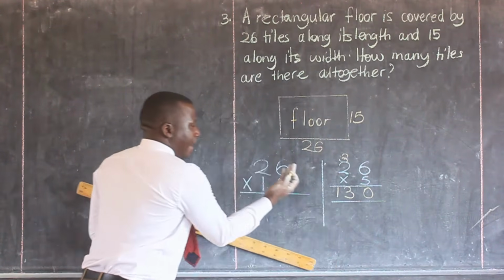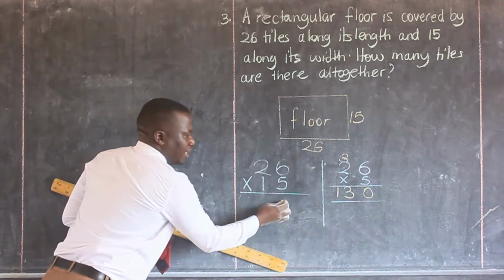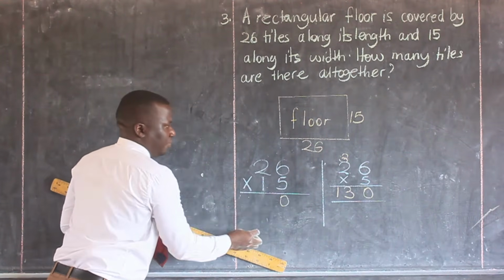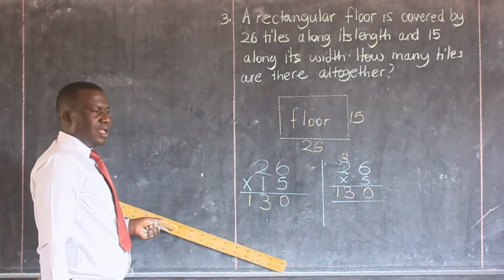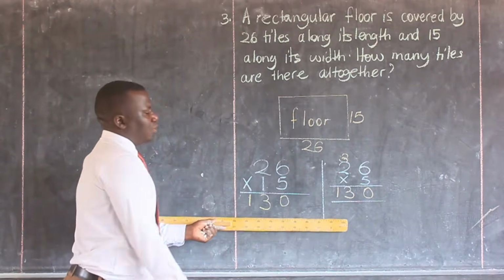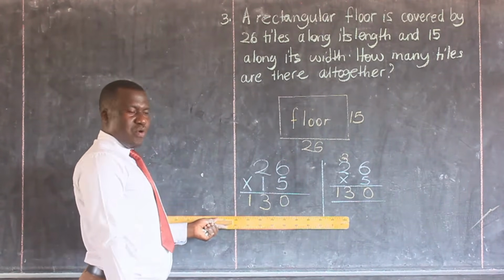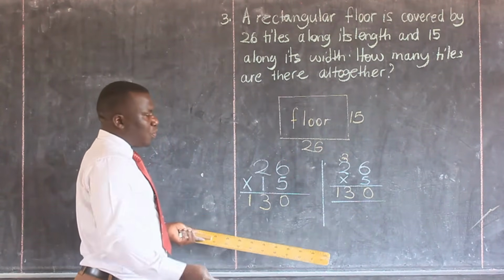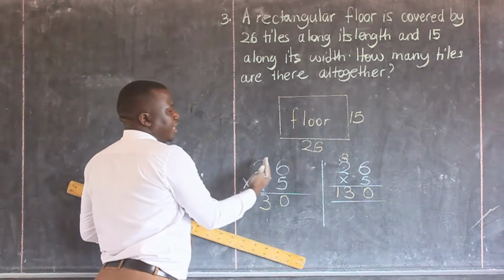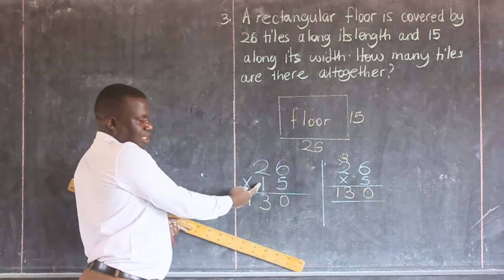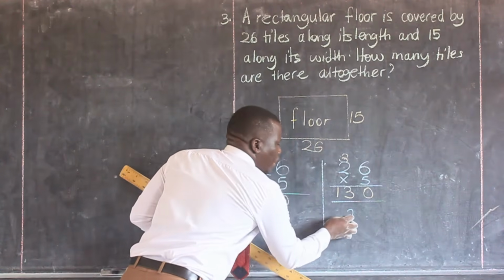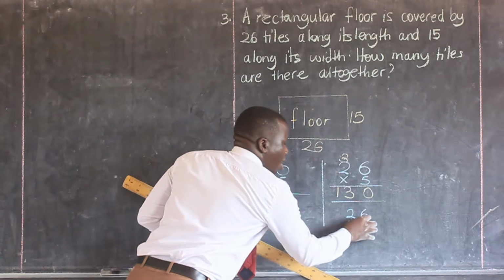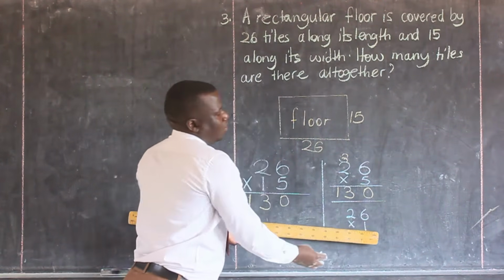Bring this answer below here. So we shall have 0, 3, 1. That is not the answer. Most of you end there. No. You are still continuing. You have only multiplied 26 by 5. What about this one? You also come and multiply 26 times the 1. And what do you get?